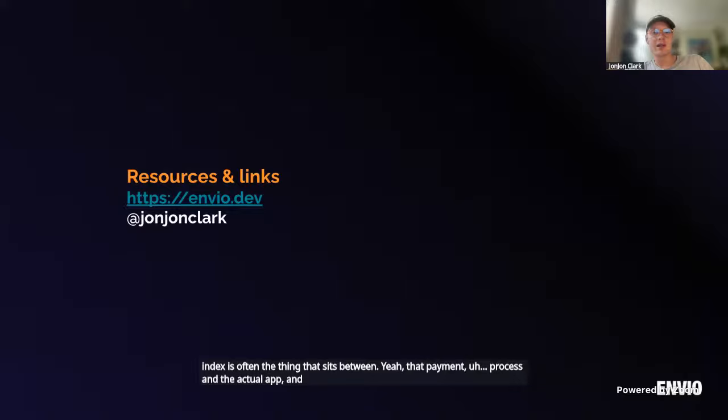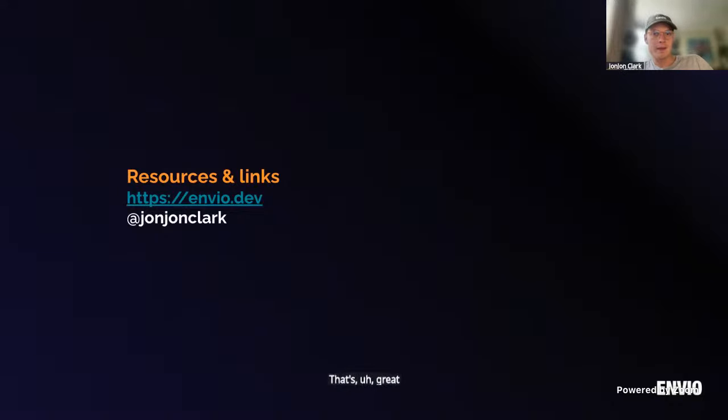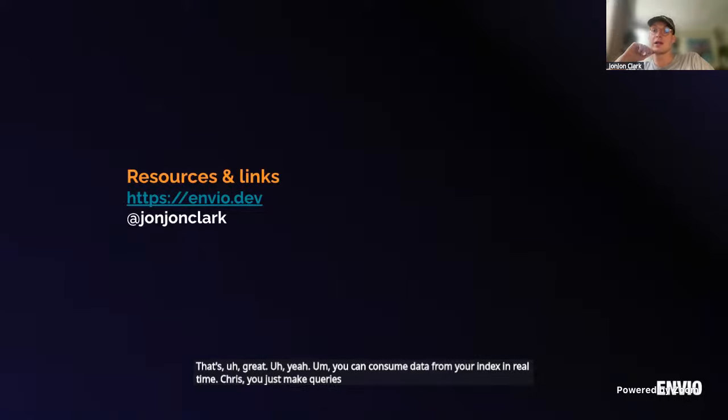And everyone here, you can send a couple of ideas, you can DM them through. You can consume data from your index in real time. You just make queries to essentially the GraphQL endpoint of your indexer. It's live.